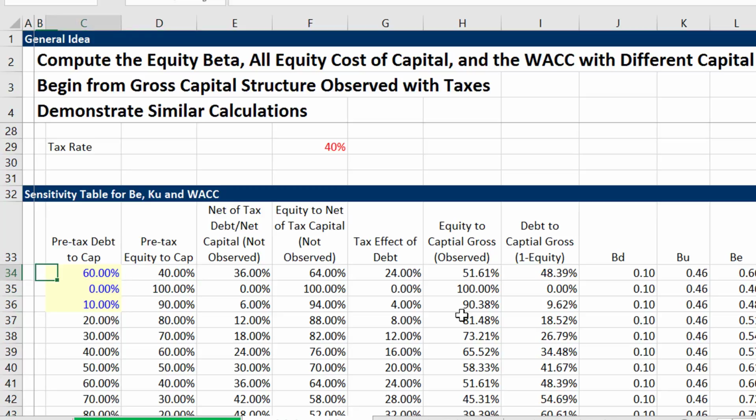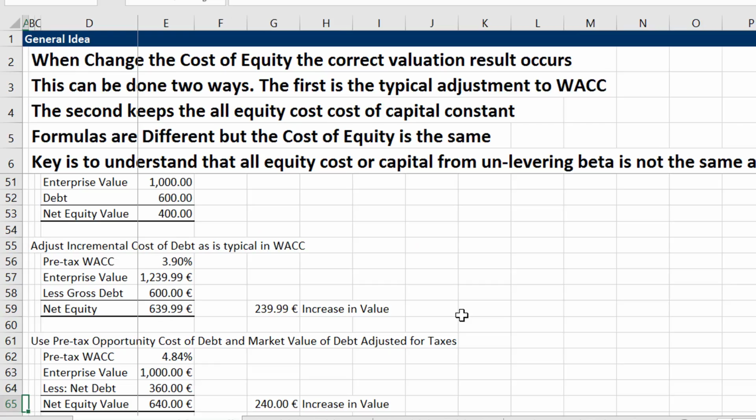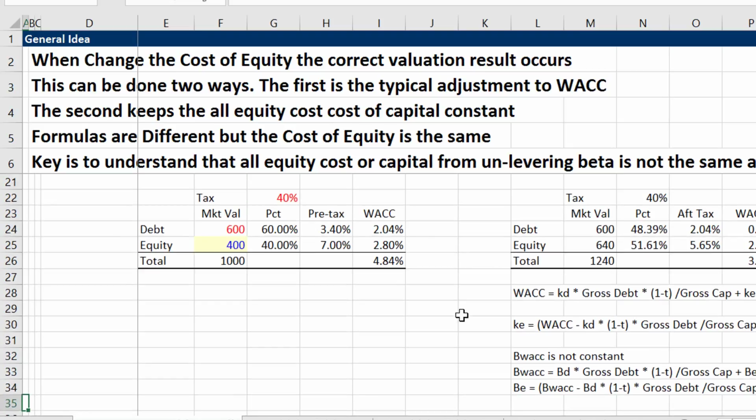Now, let's pretend we see the cost of debt. Then we can say this is the pre-tax cost of debt. Then I can say the net of tax debt is the pre-tax debt times 1 minus the tax rate. And then the net of tax equity is just the debt minus. That's kind of what we just did. I think that's this thing up here.